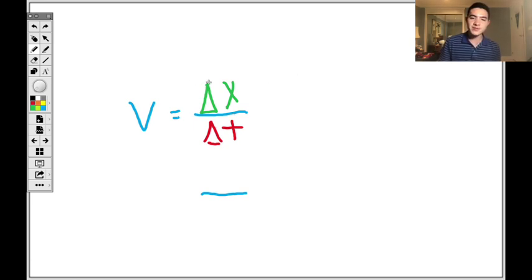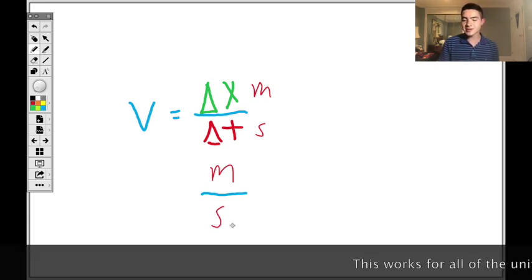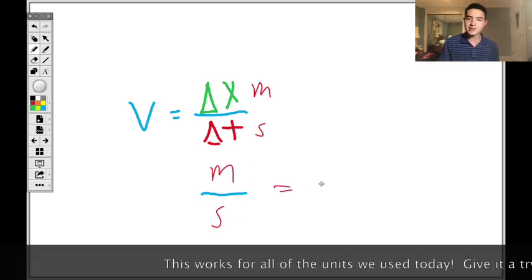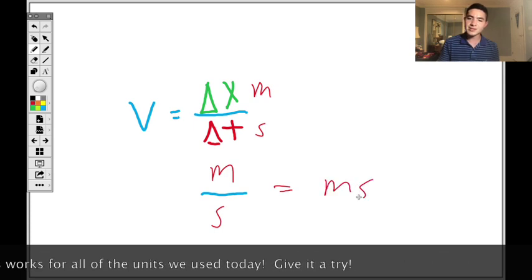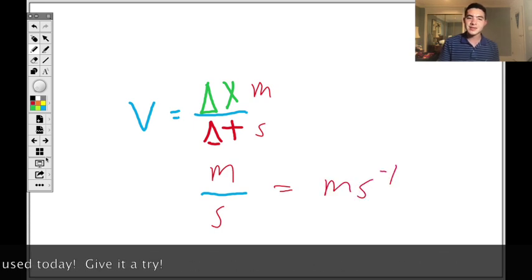So for this example, using the velocity equation, since you're dividing displacement, which is the unit of meters, by time, which is the unit of seconds, then you also divide the units, meters divided by seconds. So you're given the unit of velocity, which is meters per second.